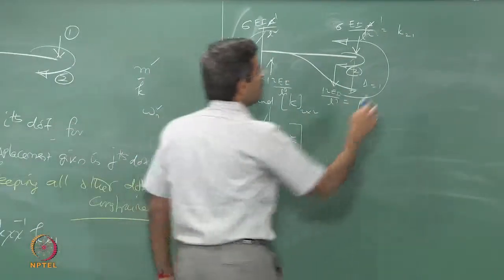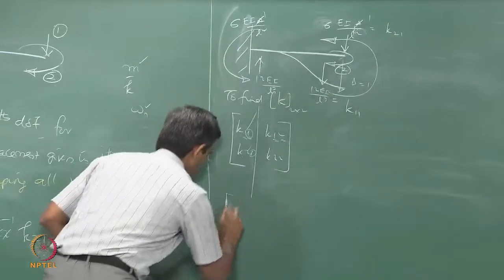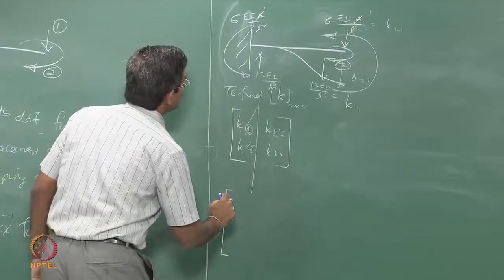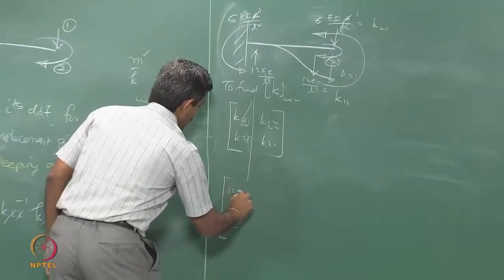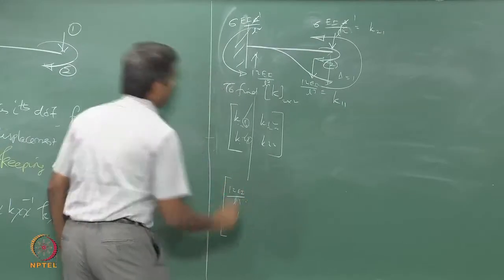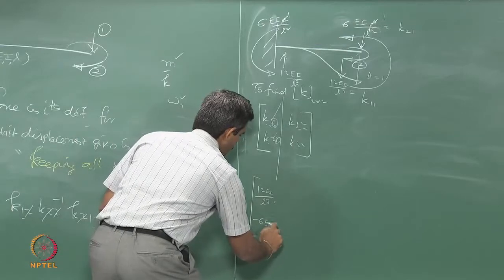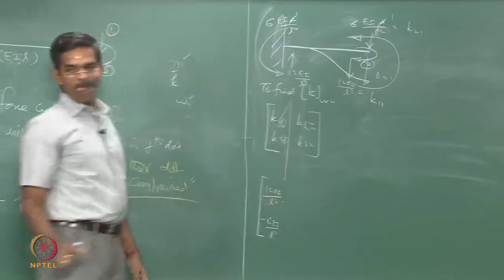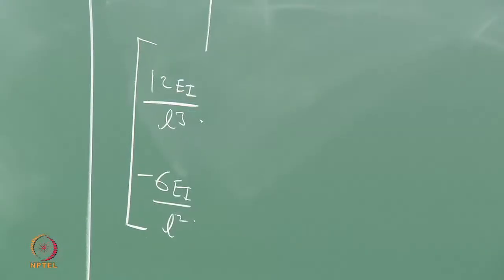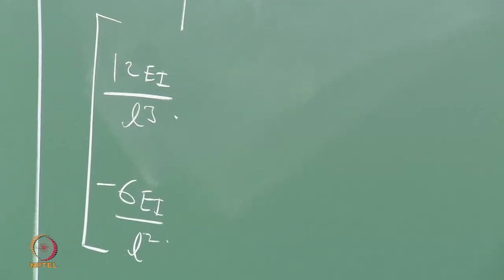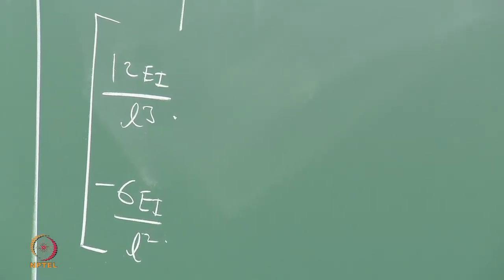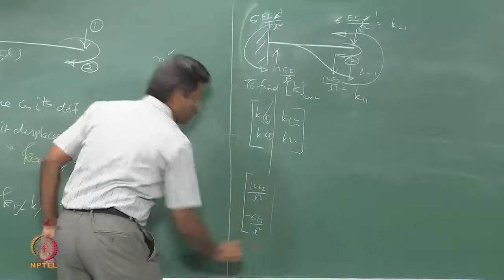It means my K11 is 12 EI by L cube, my K21 is minus 6 EI by L square. I am deriving column wise.